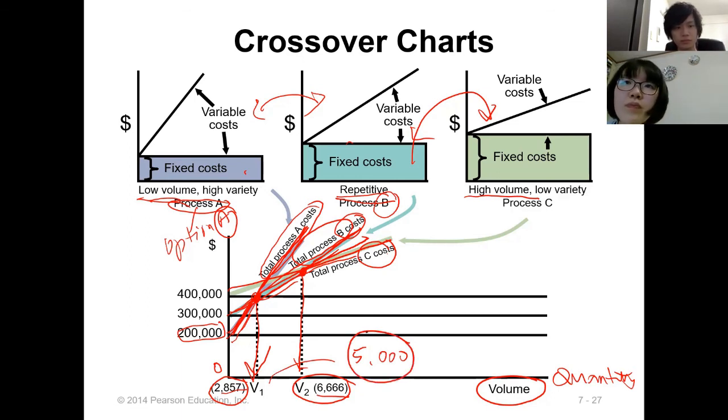so my decision should be, I think it's between 1 and 2, so B process is the cheaper one. So B is the best.